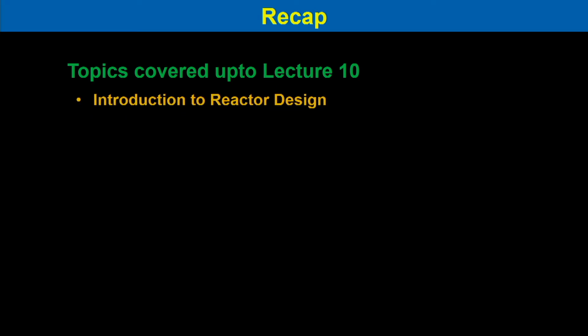Up to the last lecture, we have covered introduction to the reactor design, and we have considered three idealized reactors: ideal batch reactor, ideal plug flow reactor and ideal continuous stirred tank reactor or mixed flow reactor.